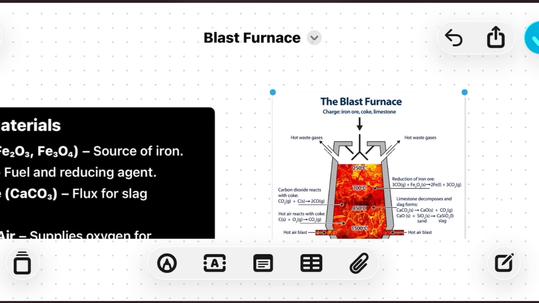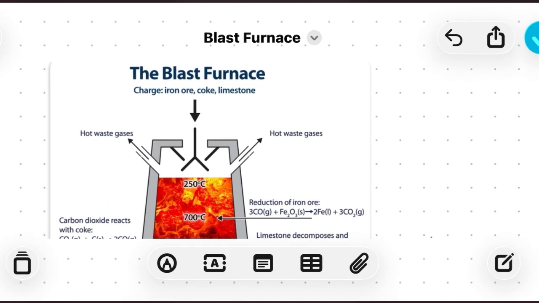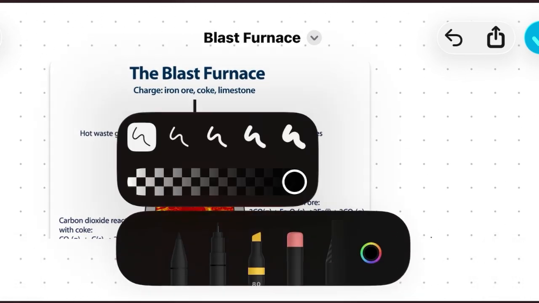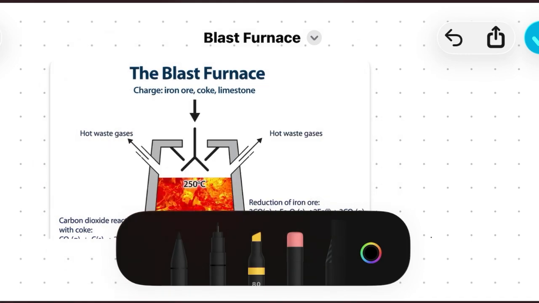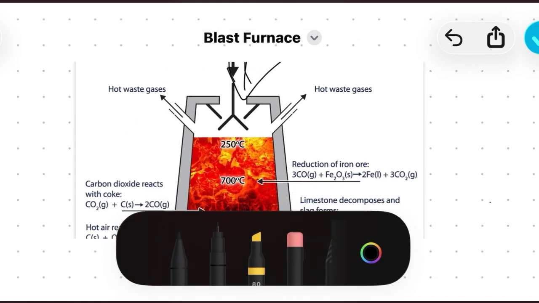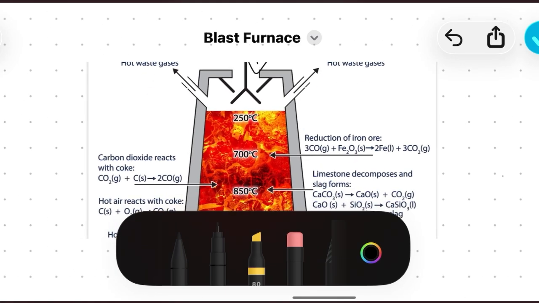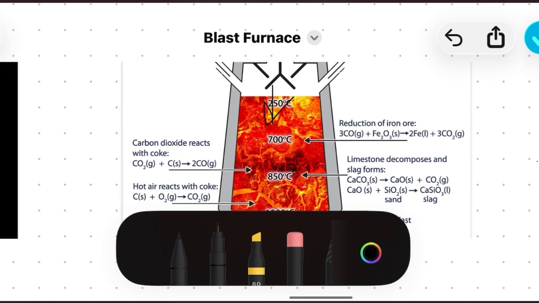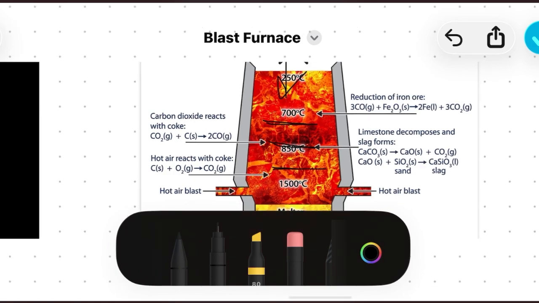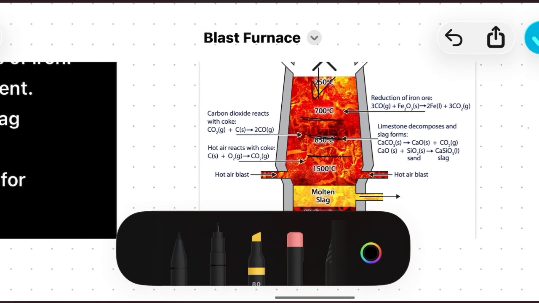Here the raw materials are charged at the top, at the region I have marked. Then the material goes down, and it is charged in layers: first coke is charged, then raw material, then flux. The hot air flows upward through the charge, which creates the reactions.